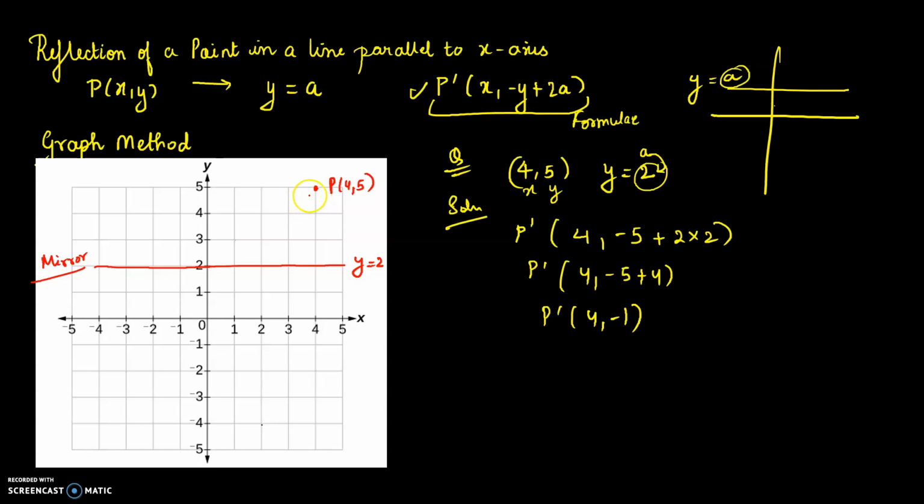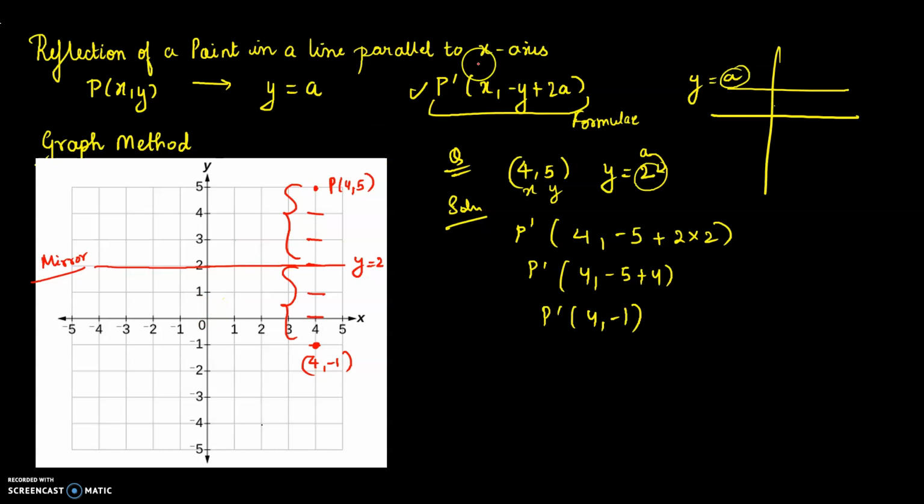Now when we calculate the distance between the object P and the mirror, it is 1, 2, 3. So we have to move 3 steps forward to find the image. This will be 1, 2, 3. So the answer is (4, -1). You can see the distance between the object and the mirror is equal to the distance between the image and the mirror.